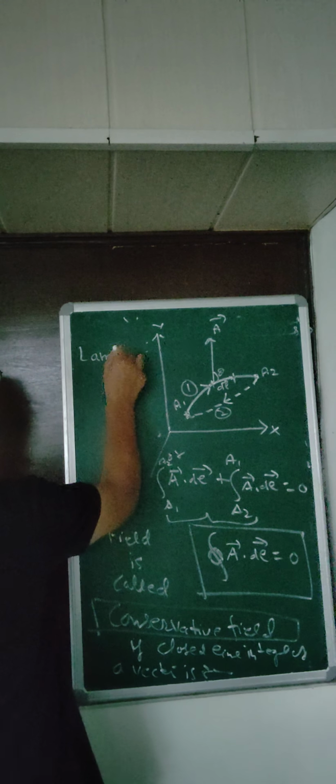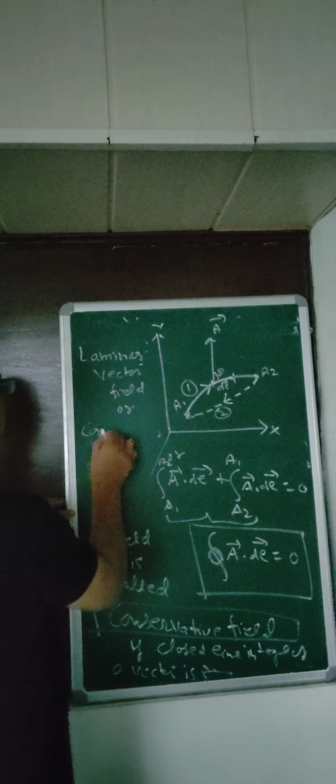This conservative field is also called a lamellar vector field, because its line integral is coming out to be 0.